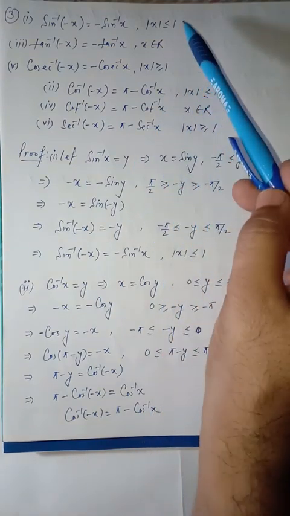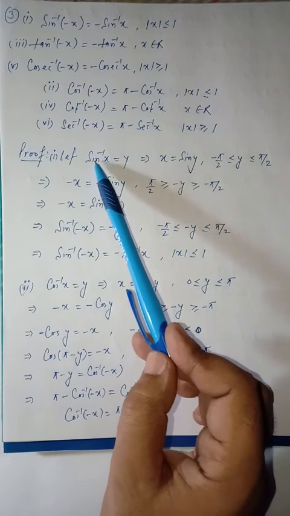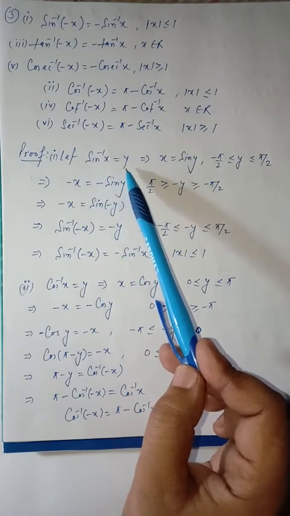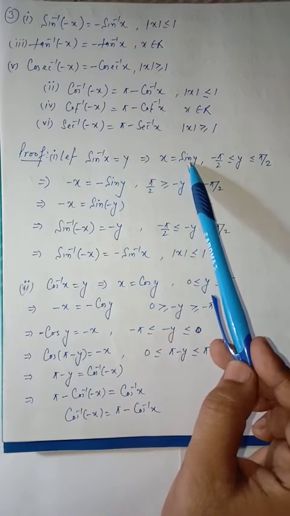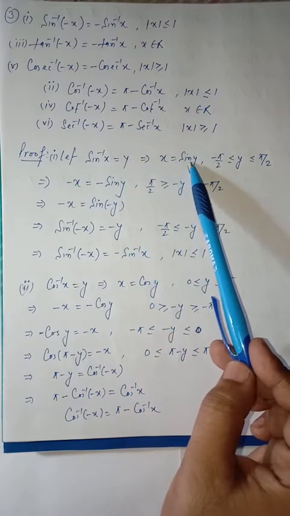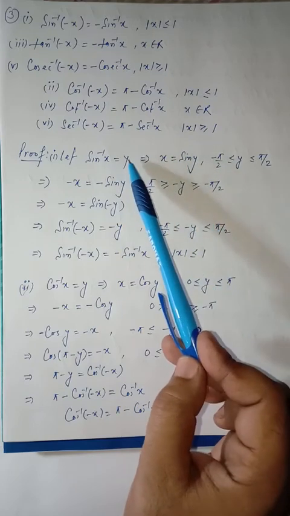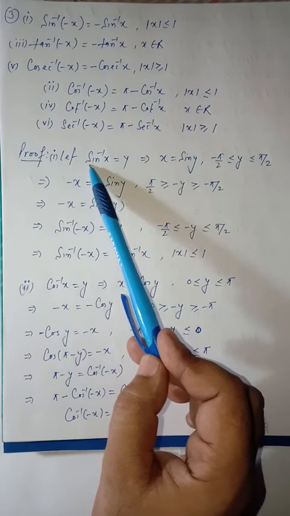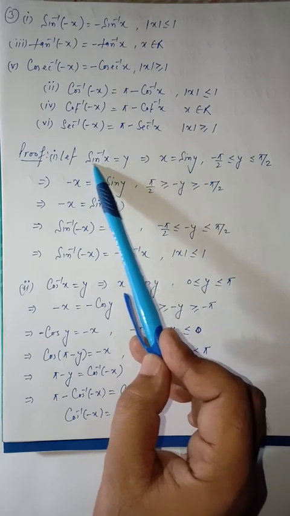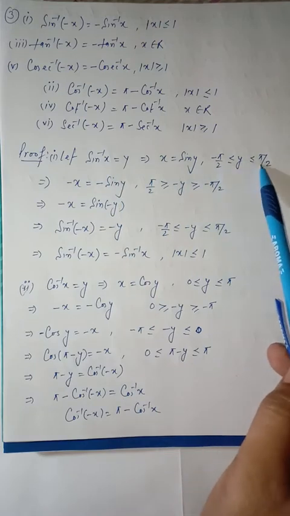If you want to prove the first one, assume sine inverse x is y. So x will obviously be sine y, and y is sine inverse x, and y is in the range. The range of sine inverse x is always from minus pi by 2 to plus pi by 2.